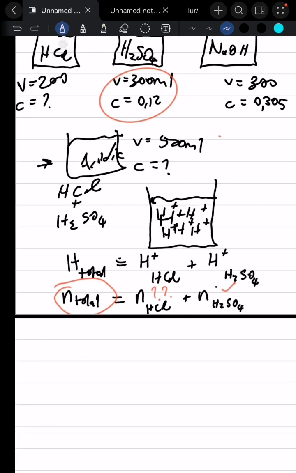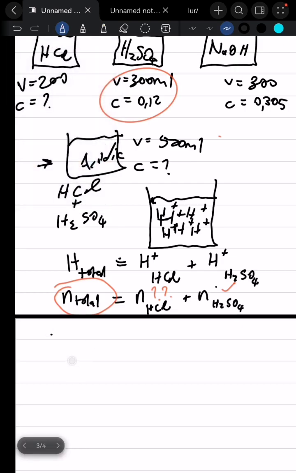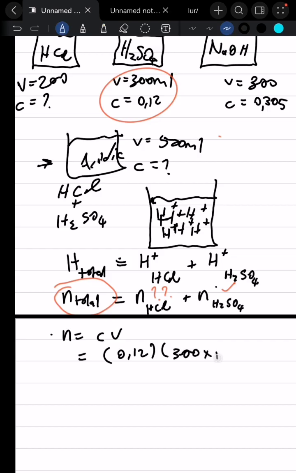Back to black. The number of moles equals concentration times volume. My concentration was 0.12 and the volume was 300 milliliters. Divide by 1000, that is times 10 to the power negative 3 liters, not dm cubed, guys, it's the same thing.